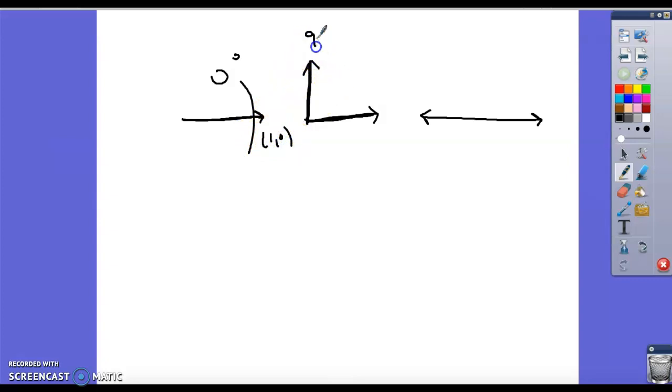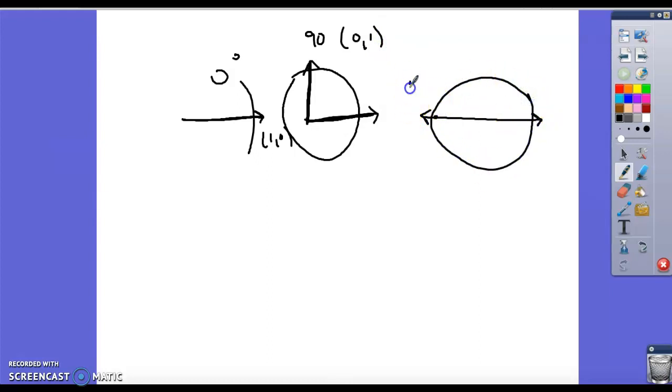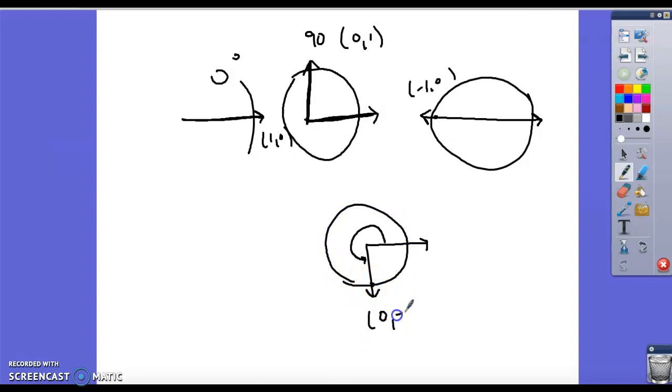Here's 90, it's going to intercept the unit circle at 0, 1. Here's 180, the terminal side is going to intersect the unit circle at -1, 0. And then a 270, here's my initial side. I go all the way around 270 degrees, so that's going to intercept that unit circle at 0, -1.